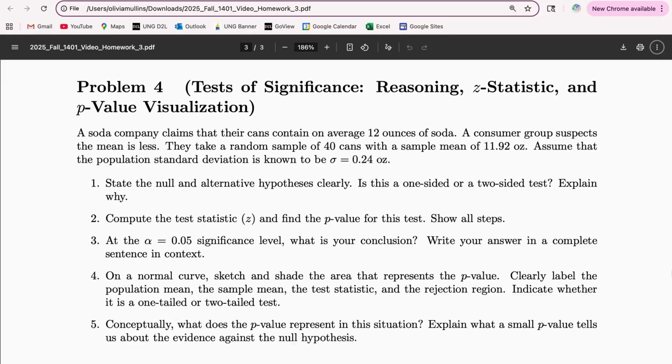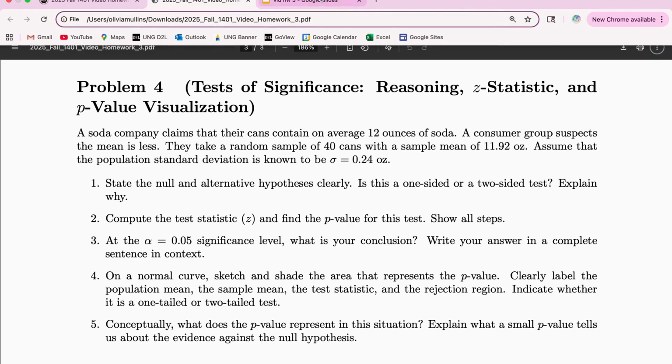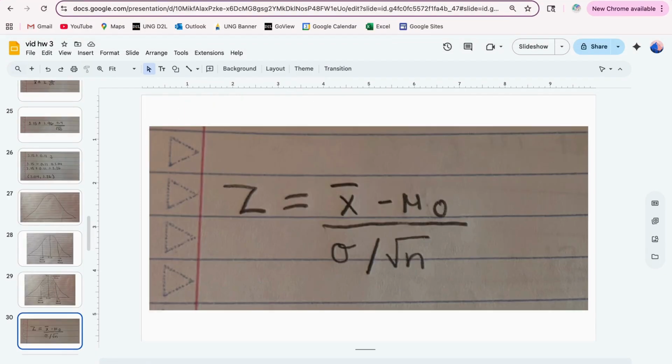Next, we move on to question 2, which says, compute the test statistic and find the p-value for this test. Show all steps. We first set up the z-score equation. Z equals sample mean minus hypothesized mean over standard deviation divided by square root of n.